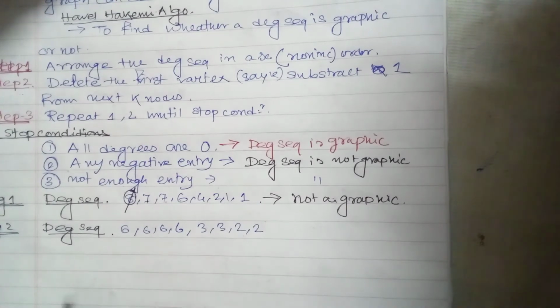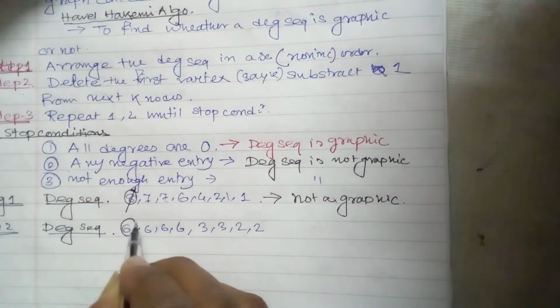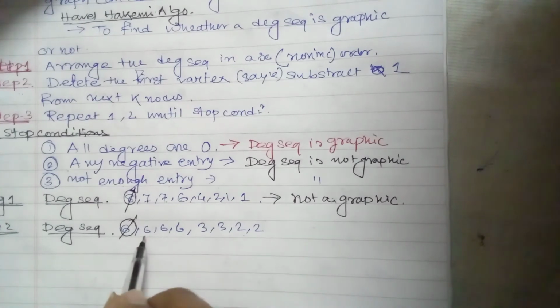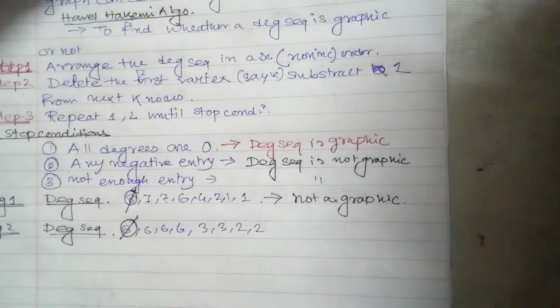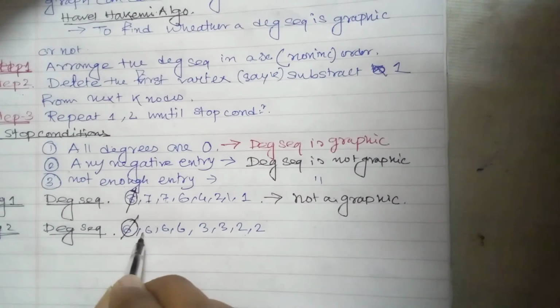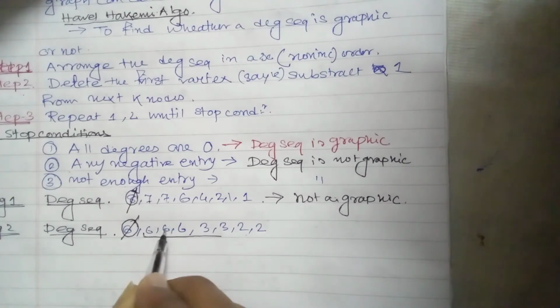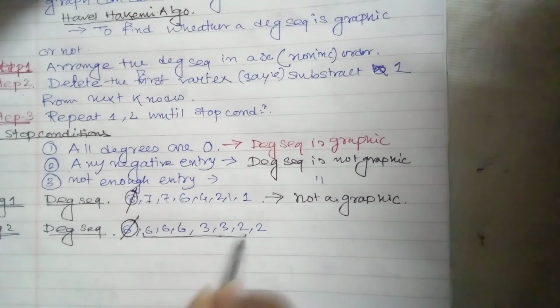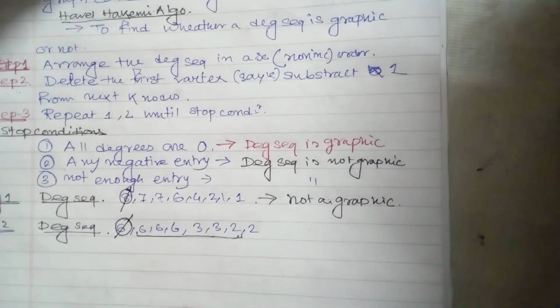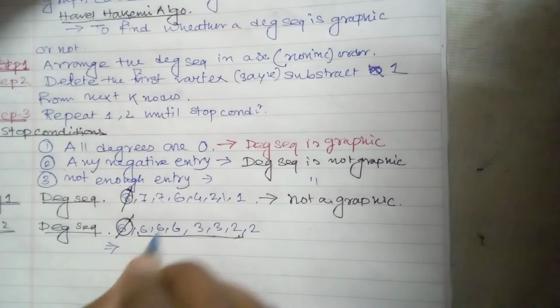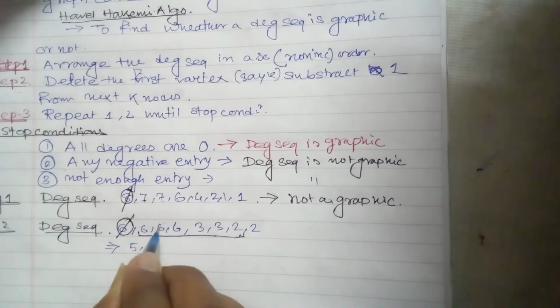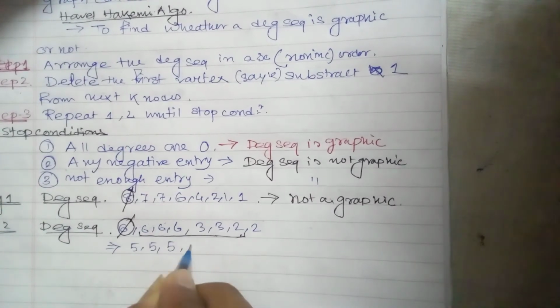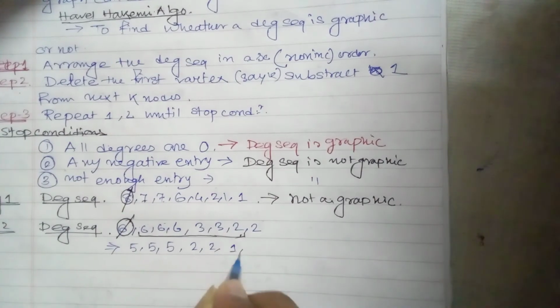According to the algorithm, at first I delete the first node, which is 6, so I have to select the next 6 entries, 1 2 3 4 5 6, and subtract 1 from those 6 entries. After that, the degree sequence will be 5 5 5 2 2 1 2.